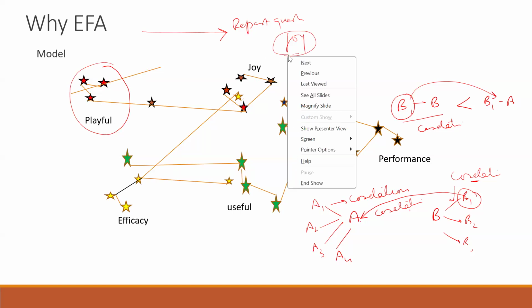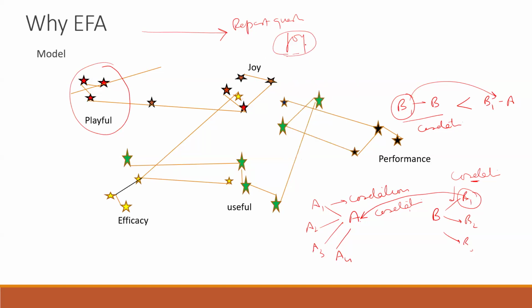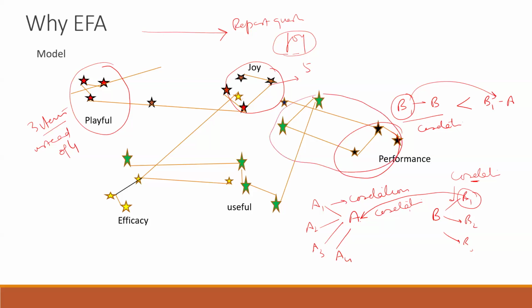So I'll show you these things also. It will move here. So now playful will only have 3 items instead of 4. This instead of 4 items has 5. So this instead of 3 will have 5. Usefulness out of 5 now has 4. And this also, out of 5, now has 4. So the structure is getting changed based on the correlations.